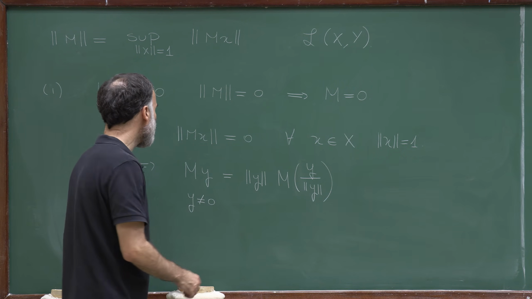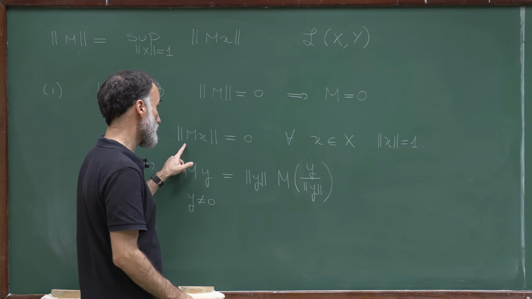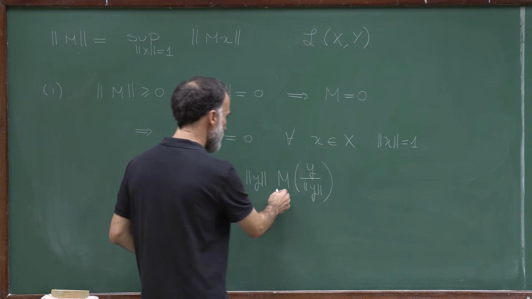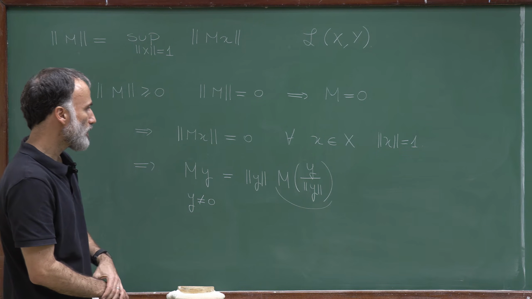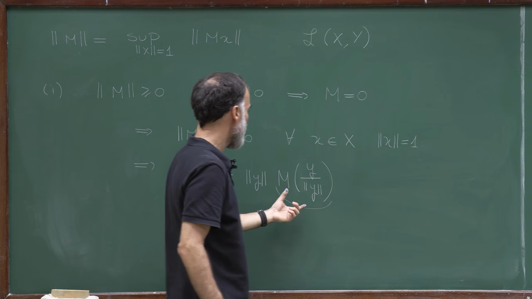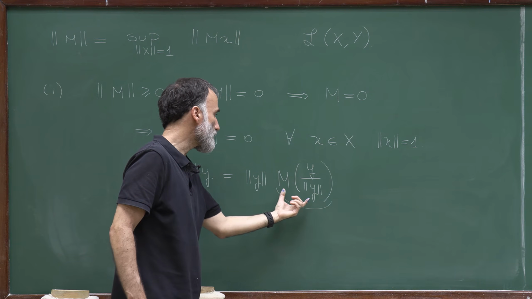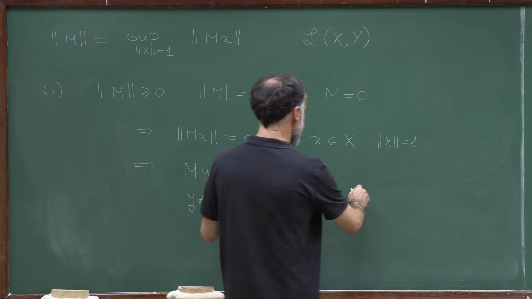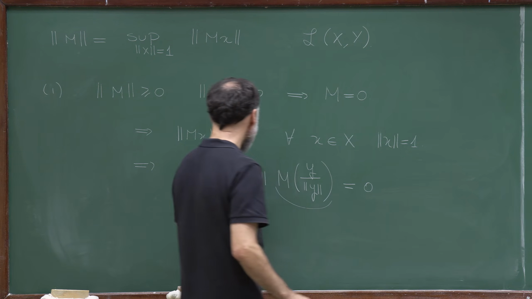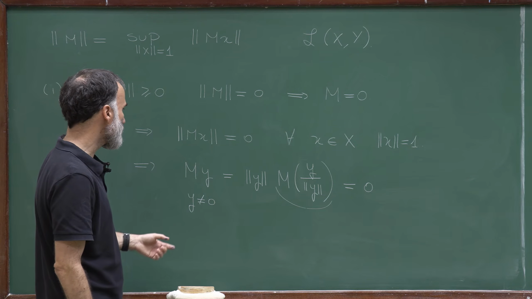By this expression, since the norm of this element of the Banach space Y is equal to 0, this means that this is equal to 0, and therefore 0 times the norm of y is equal to 0.